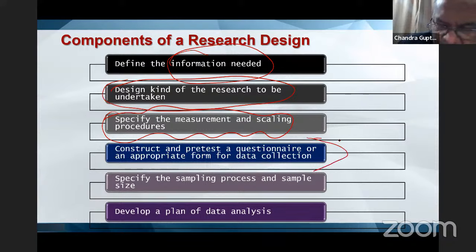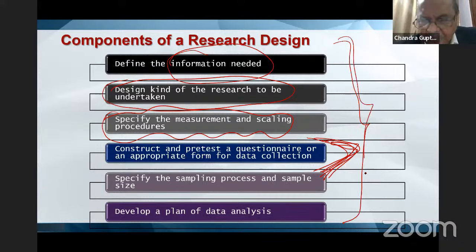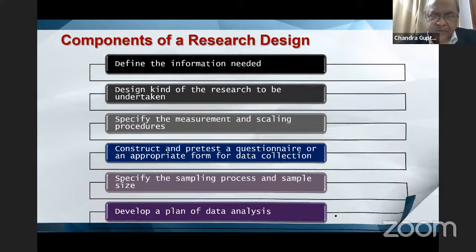If you are collecting data through a questionnaire, you have to design an appropriate questionnaire, pre-test it, and then finally collect data. Specify the sampling process and sample size, and finally develop a plan of data analysis. So friends, these are the parts of your research design when you do the research.